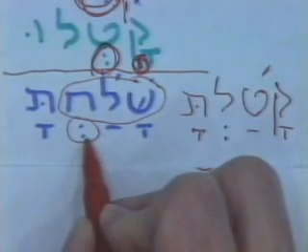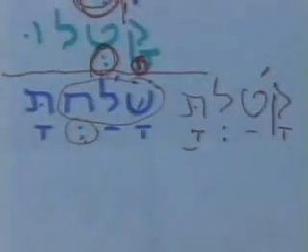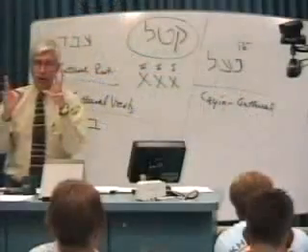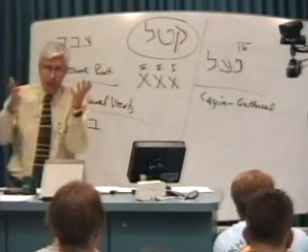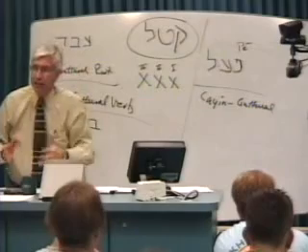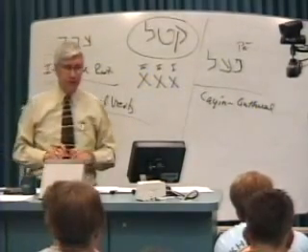You can get away with leaving a silent schwa under a guttural. It's only the vocal schwas that take the composite. See what I'm saying? So there are times when, quote, irregular verbs are completely regular. They're only irregular when something happens that means you've got to do something a little bit different. Do you see my point here?